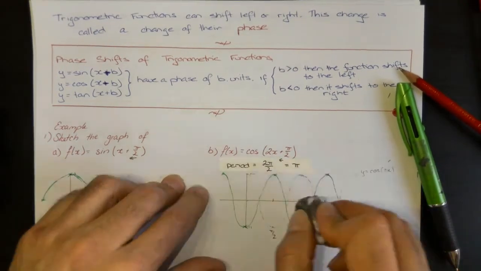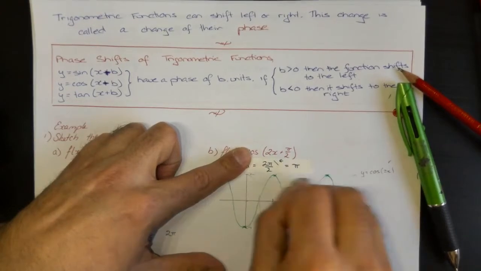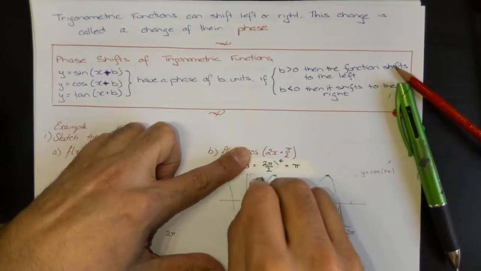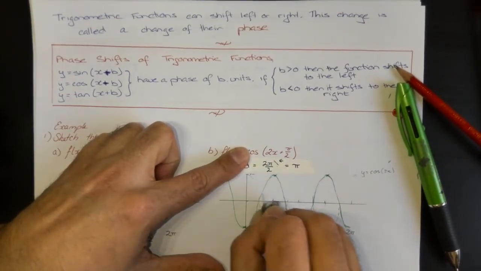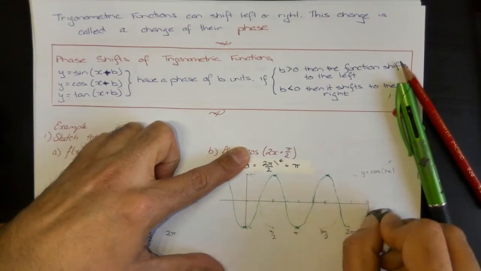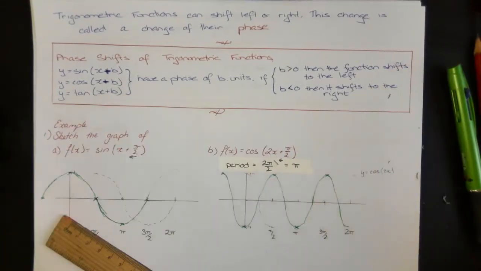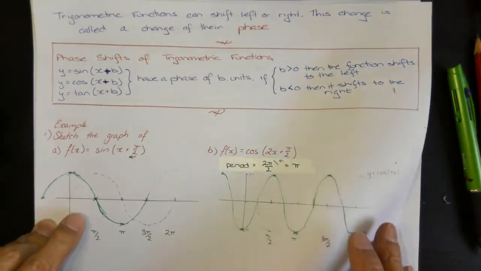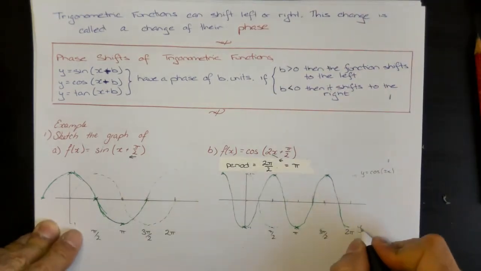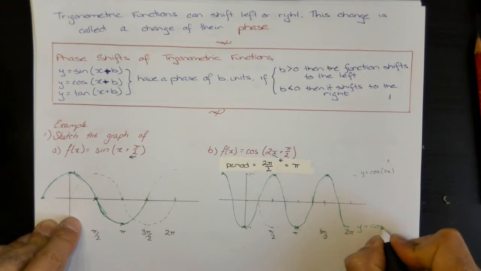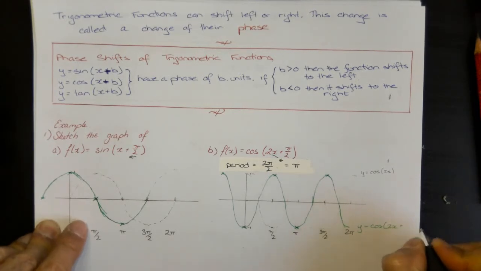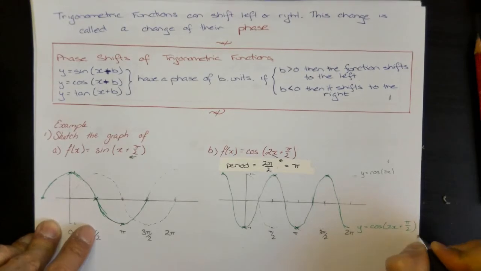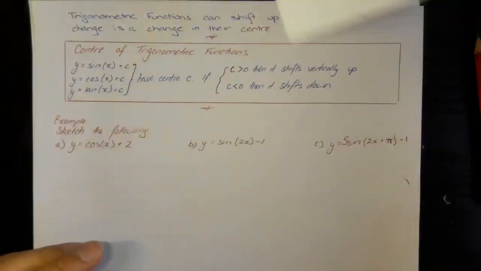So what I can do is I can now rub out anything I had in pencil, to give you the final graph. Okay. And that is y equals cos 2x translated pi on 2 to the left.